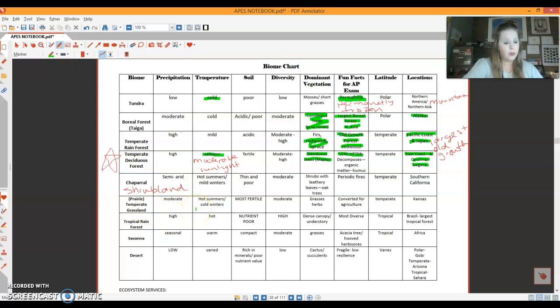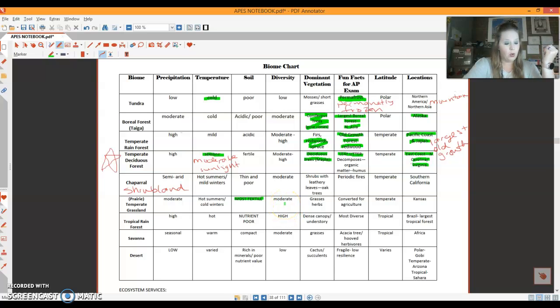So what we need to know about the temperate grassland, it is the most fertile soil, because we have a constant turnover throughout the year. You have hoofed animals that eat it. We have decomposition that happens, and then the nutrients go into the soil, and it creates a very rich soil that we can grow plants in.